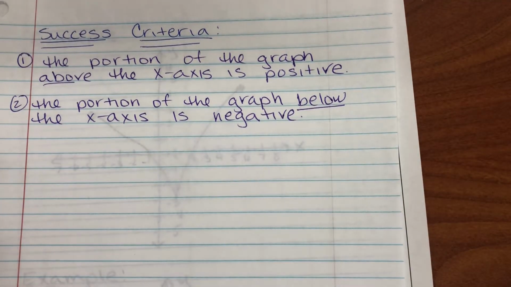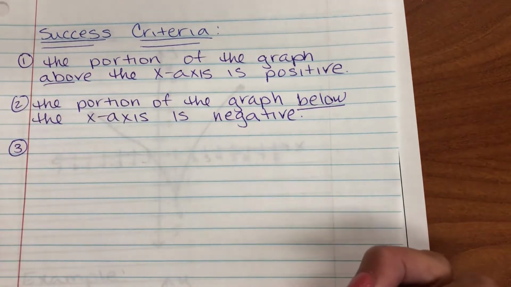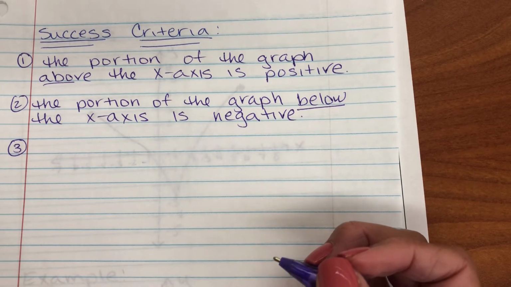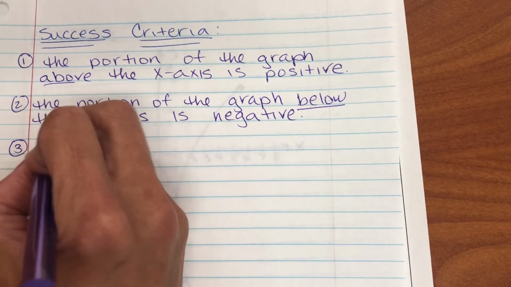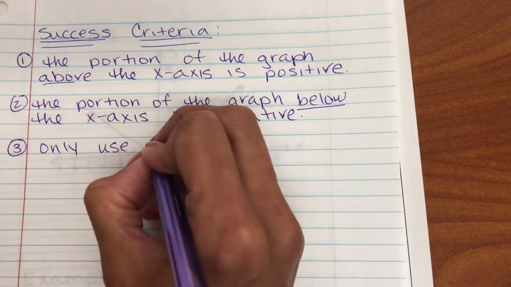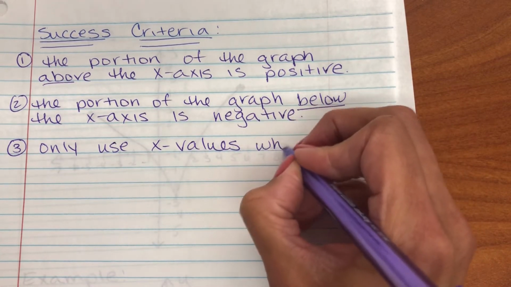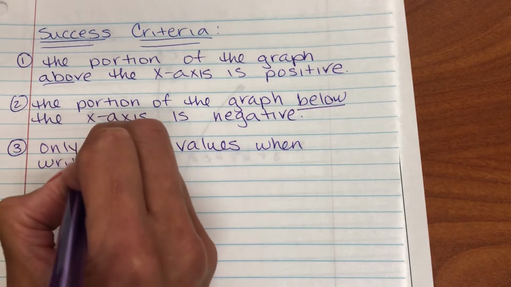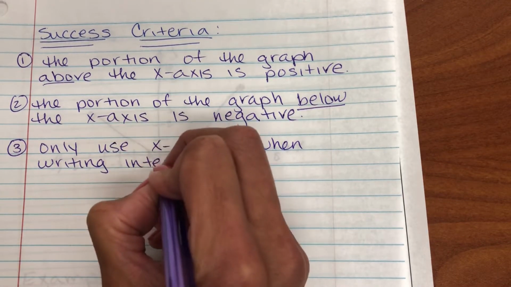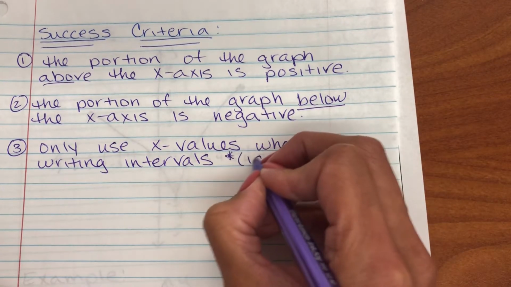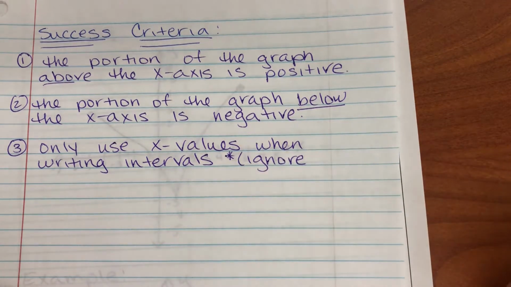All right, and then once you determine what's above and what's below, then you're ready to write your interval. So when you're writing your interval, you're only using x values. Only use x values when writing intervals. So just ignore all those y values.